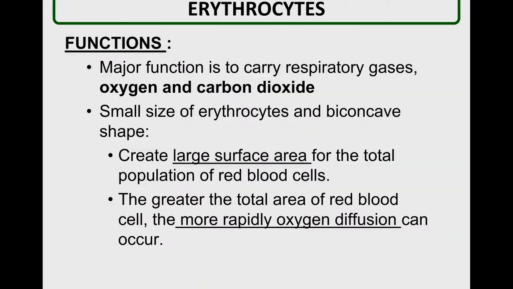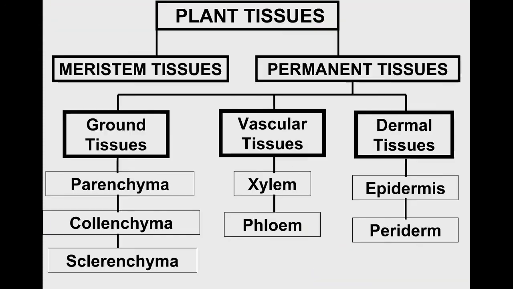Now I want to proceed with the plant cell. Plant cell can be divided into meristem tissue and permanent tissue. I want to stress on the permanent tissue. Permanent tissue consists of ground tissue, vascular tissues, and dermal tissues. Ground tissue can be divided into 3, which are parenchyma, collenchyma, sclerenchyma.